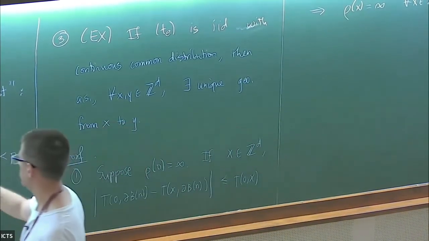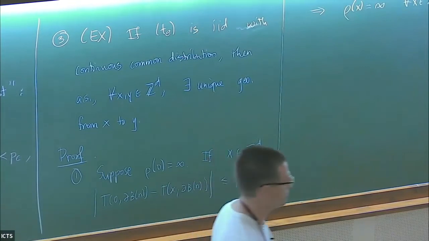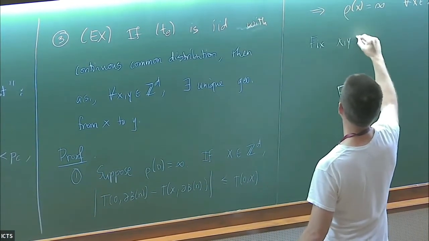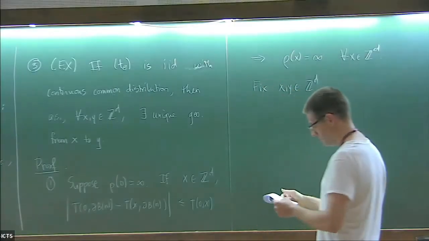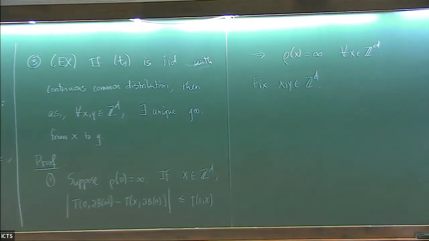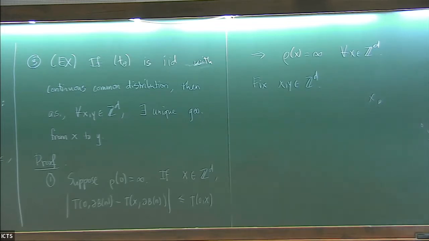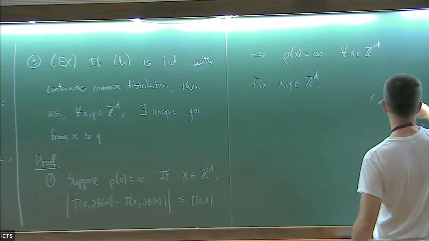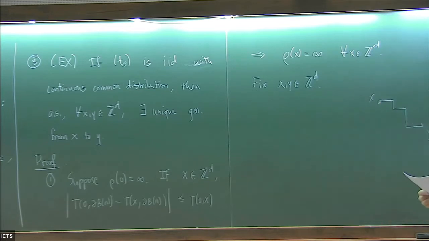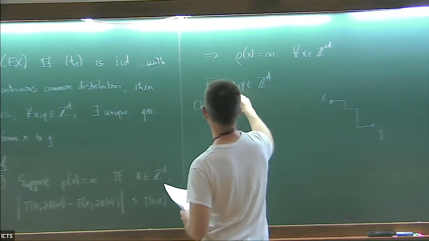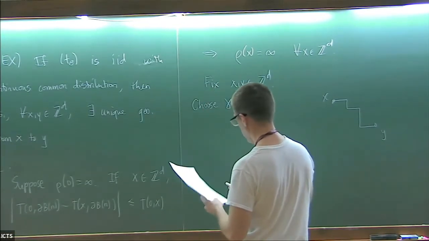Okay, so we have to show that there's a geodesic from x to y for any x and y. So let's fix x and y. What's our picture? We have x, here's y. Everything's deterministic, so let's just fix a path gamma going from x to y. It doesn't have to have minimal length or anything.